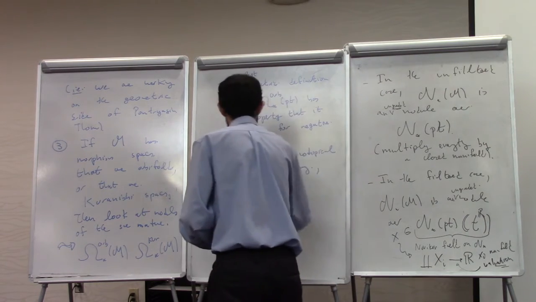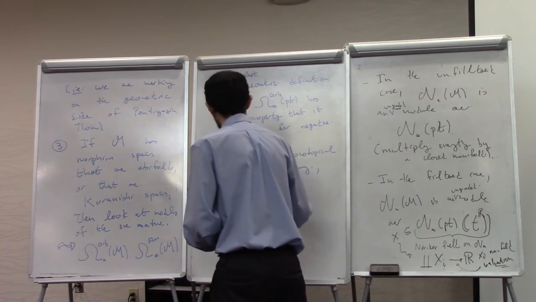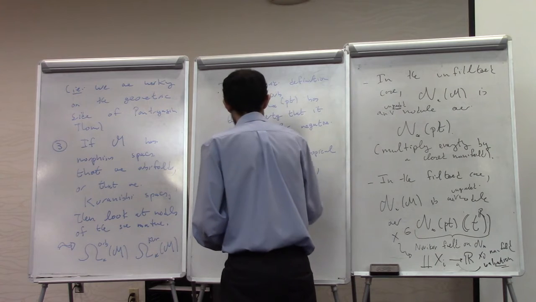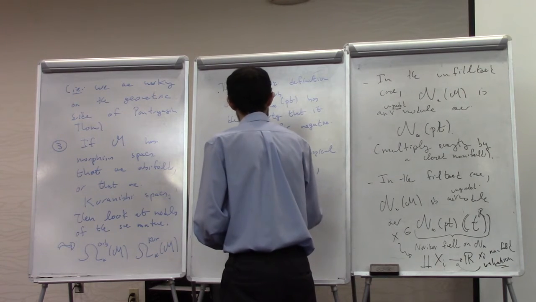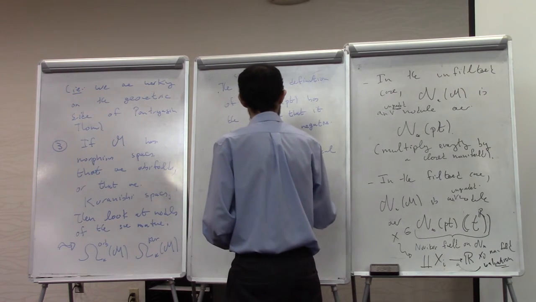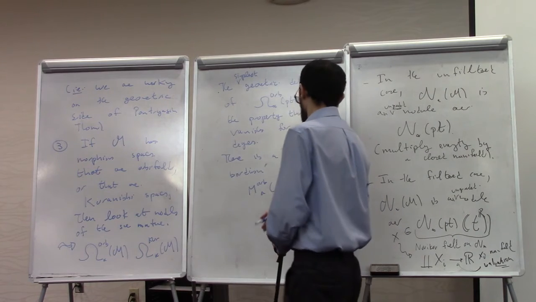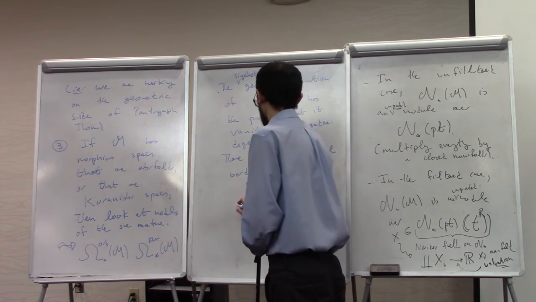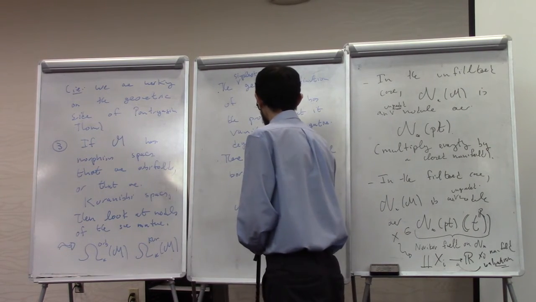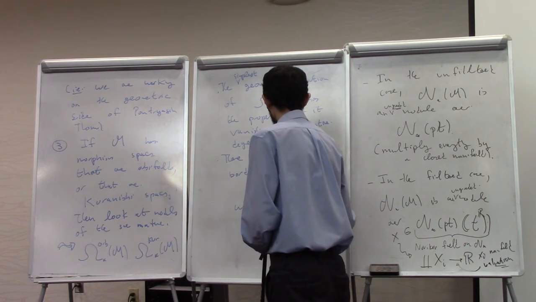Let's do this. Which is not connective, which has non-trivial elements in negative degree.